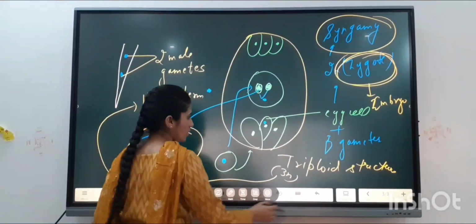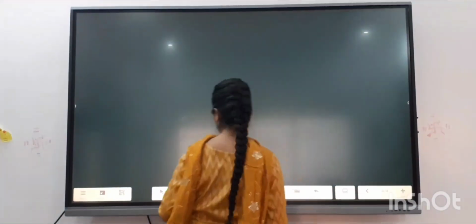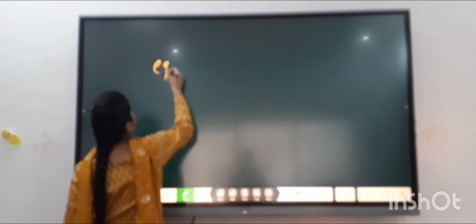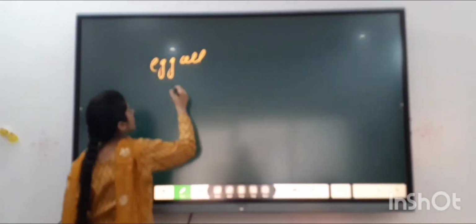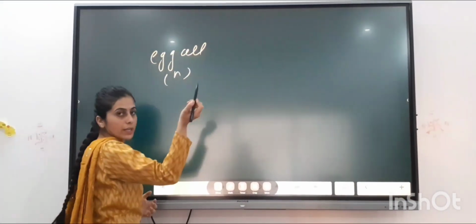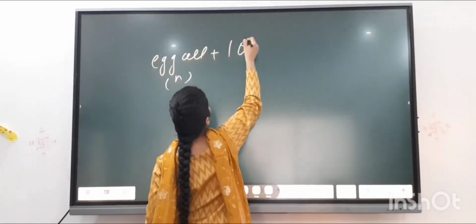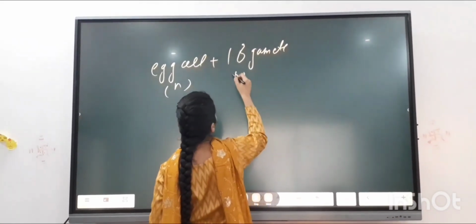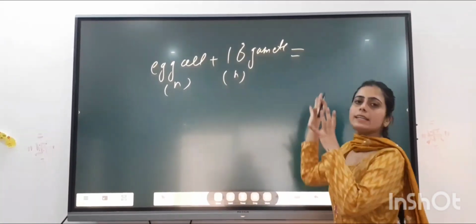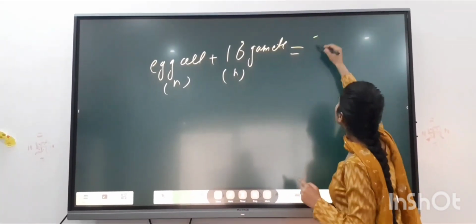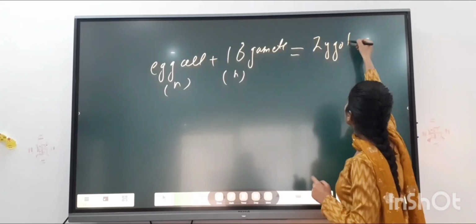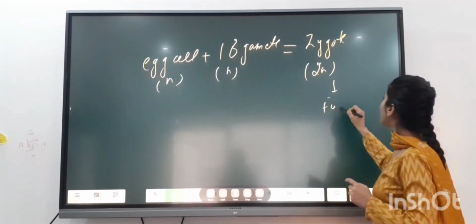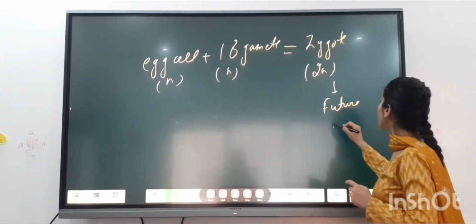So, if we have to summarize this, the egg cell, which is haploid, and one male gamete, which is also haploid, together they fuse to form the zygote, which is 2N, and it is the future embryo.